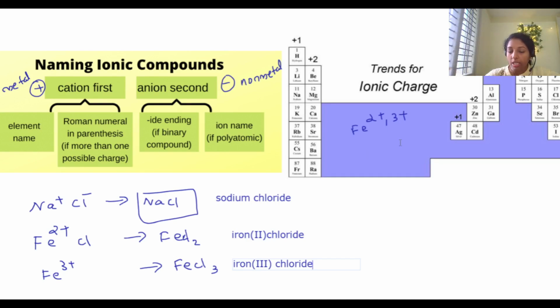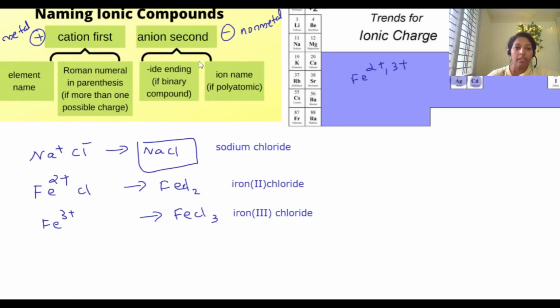Usually D block elements have multiple states, except silver, zinc and cadmium. So zinc and cadmium don't need the Roman numeral; it's plus 2 always. Silver is plus 1.